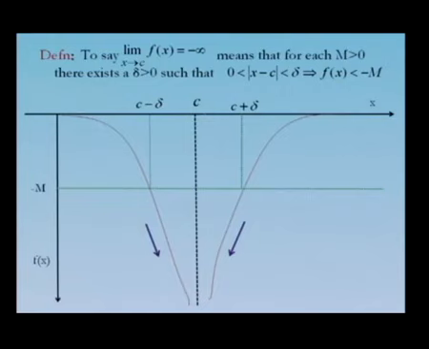If you take a larger value of m, that is a more negative value of minus m, then we get a smaller value of delta. And finally, when m tends to infinity, then minus m tends to minus infinity and delta tends to 0. So when x tends to c, f(x) tends to minus infinity.